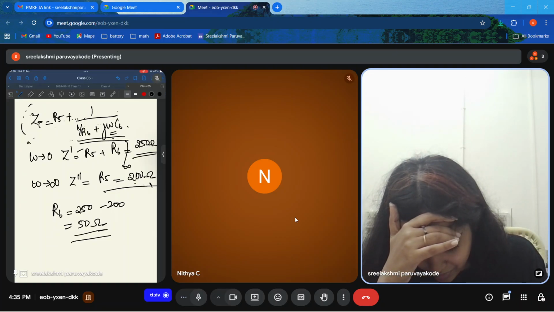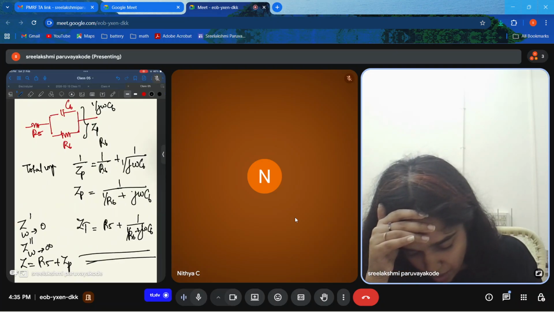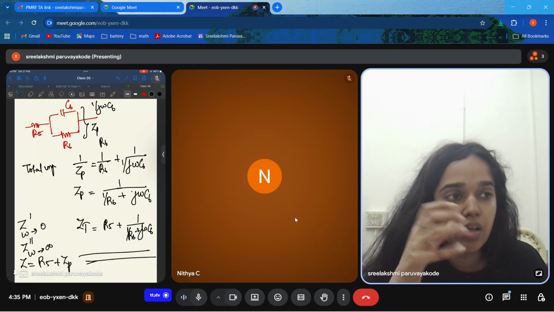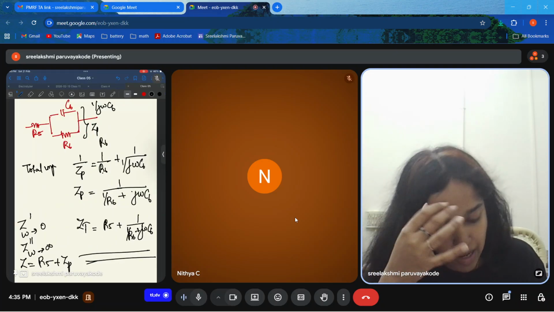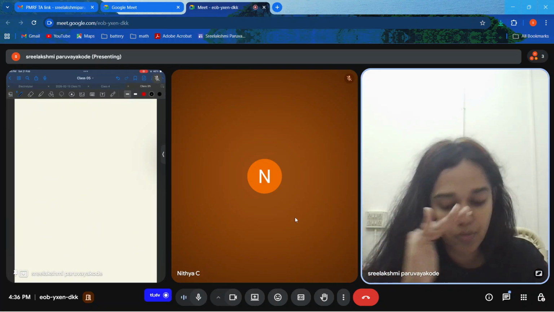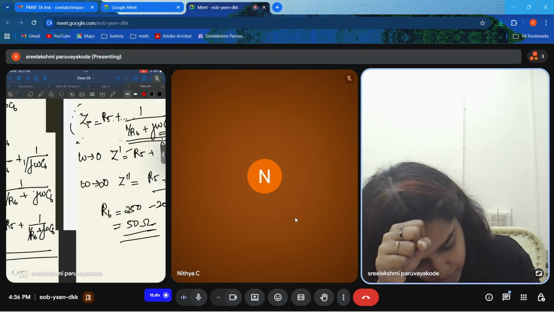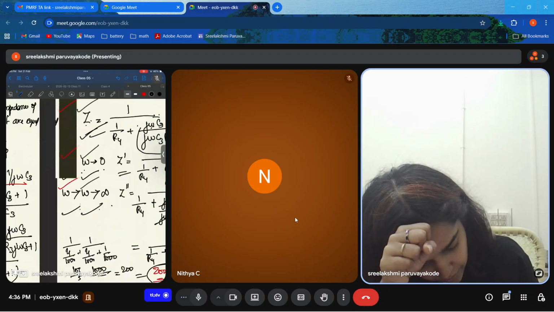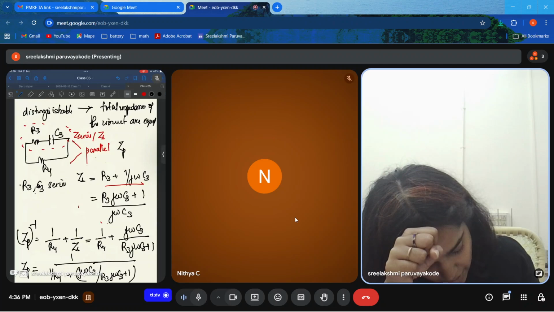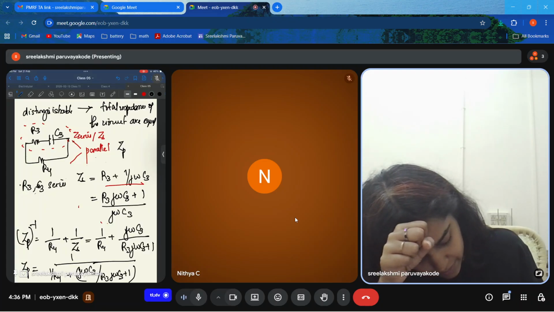Okay. Now we have two values, two circuits. Now how do you find out the value of the capacitor? What you have to do is equate the total impedance from both sides. So Z1, that was from this: I'm simplifying 1 by 1 by R4 plus j omega C3 by j omega C3 R3 plus 1.